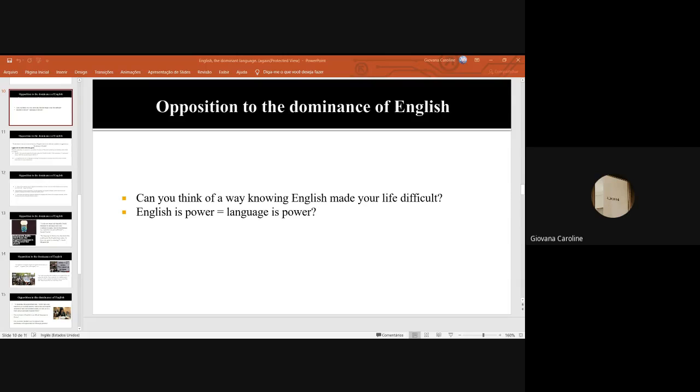And as it was said before, there's always resistance to any kind of power. And language is power, right? So many of the points the author presents are about how each nation perceives the domination of the English language.